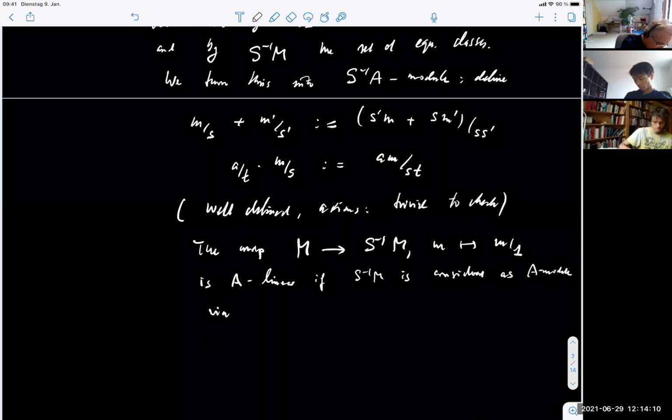Maybe I should write explicitly what it is. Via this homomorphism here, the canonical one, I can do scalar restriction.